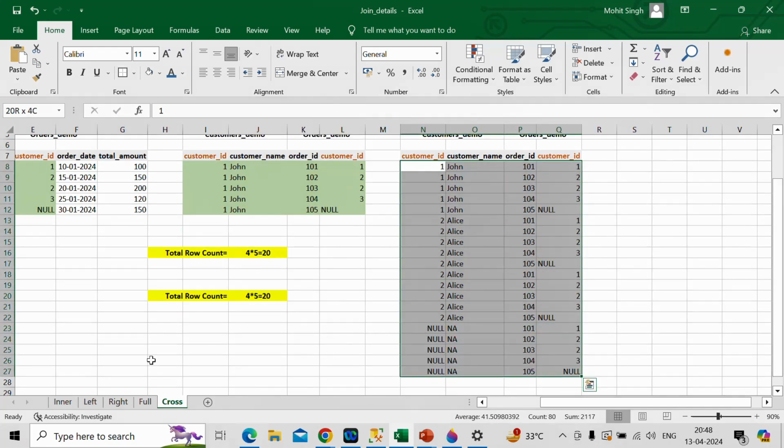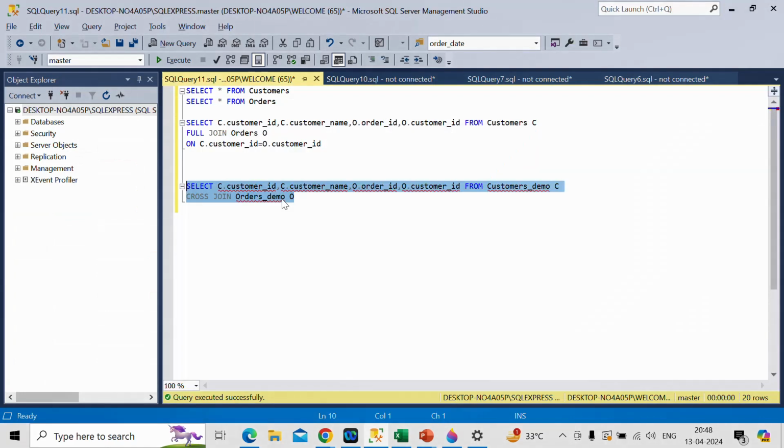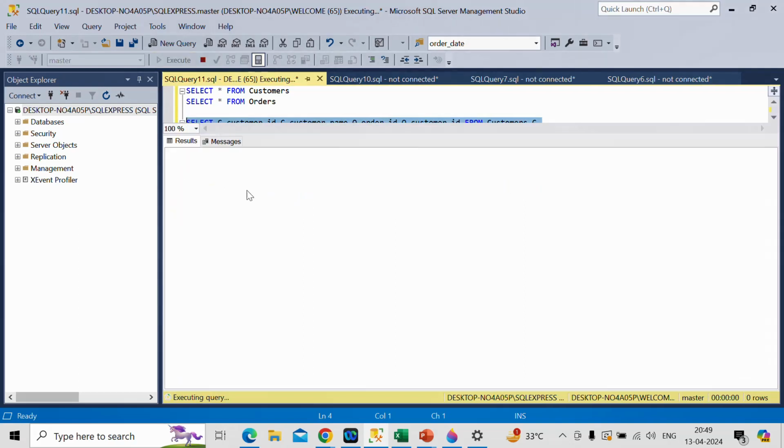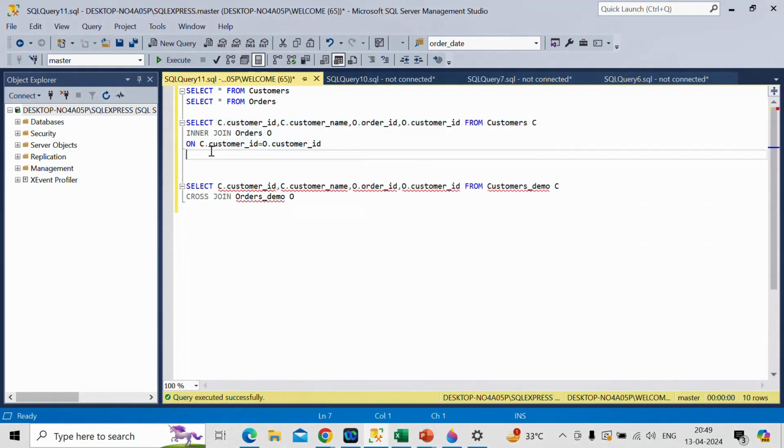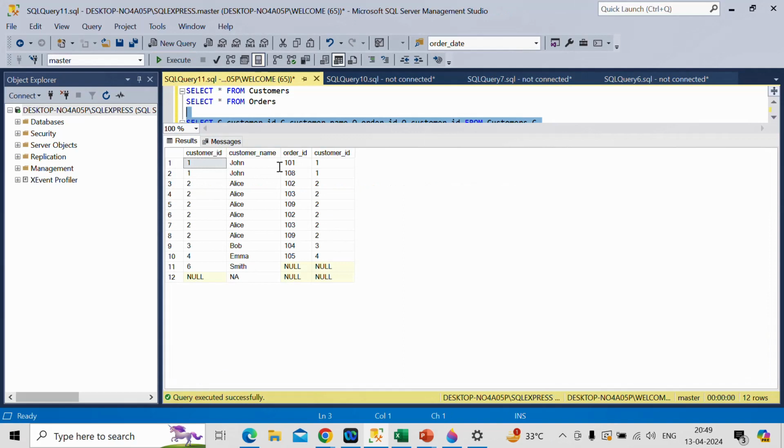Now, one last point which I want to discuss, very small point, but very important. We used inner join, right? Then in case of left join, we use left join, correct? But if somebody says, I want output for left outer join, so will the result change or will the concept change?